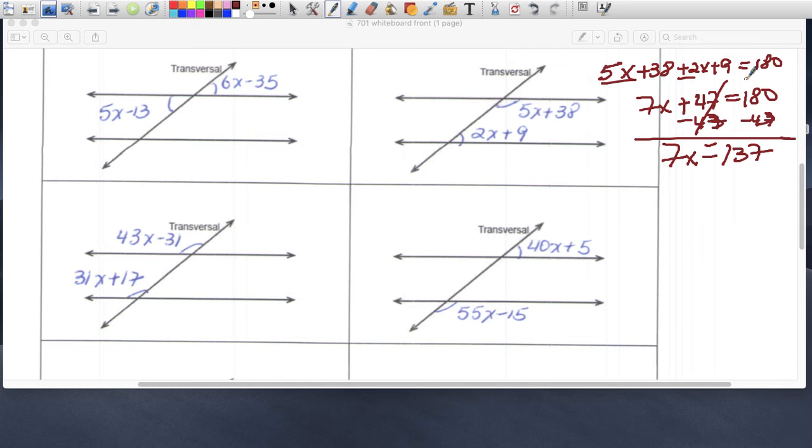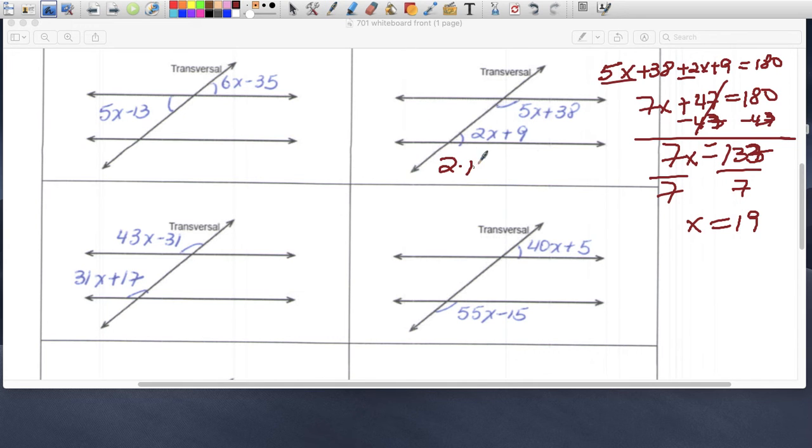180 minus 47 equals 133, sorry. This should be 133. Divided by 7, divided by 7, x equals 19. We can go back to the picture.